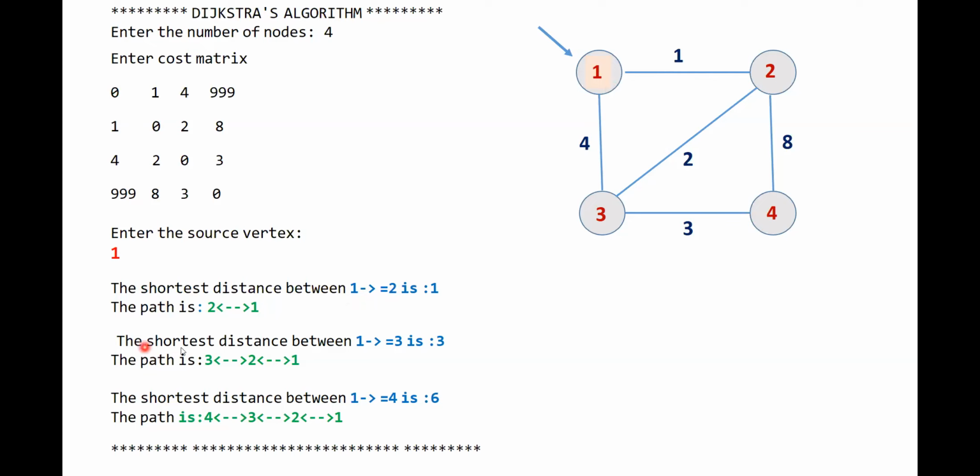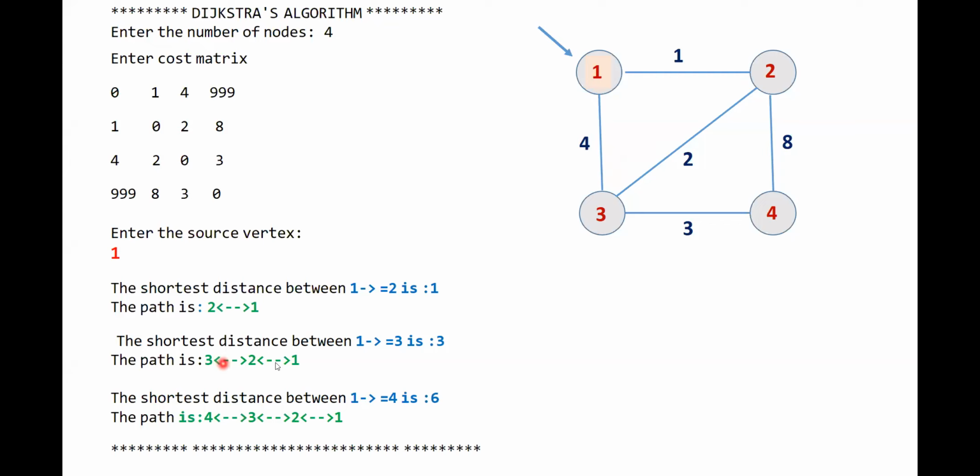Next, the shortest distance between 1 and 3. Here it is 4, but it is giving 3. Can you make out why? Output is correct. Here it is 4, but is it the shortest? No, I have another alternative way: from 1 to 2, 2 to 3.